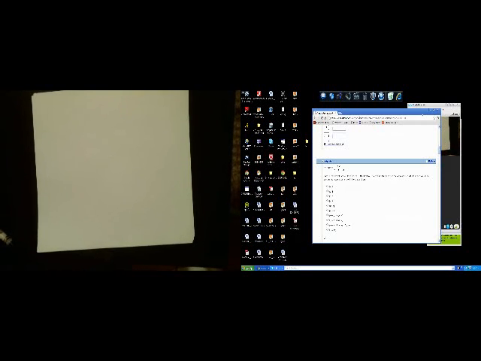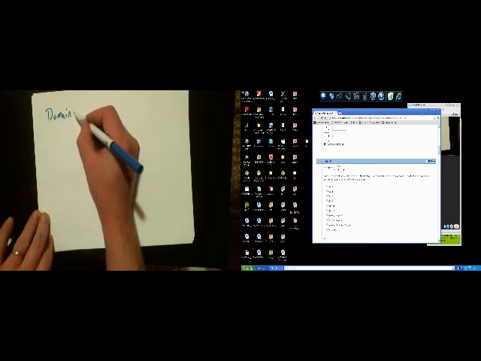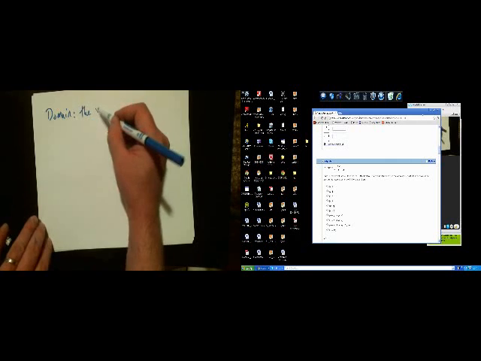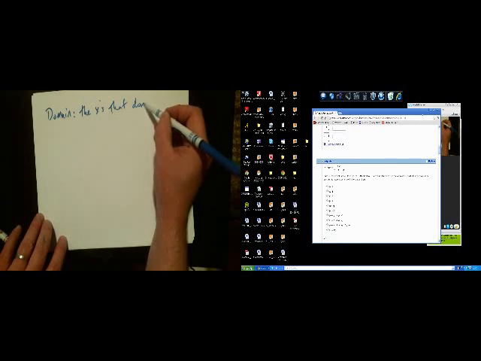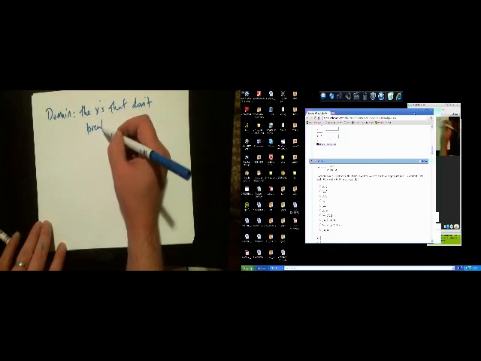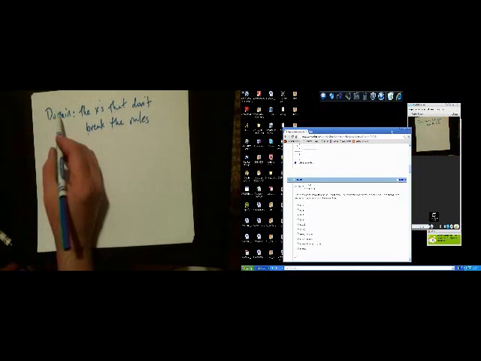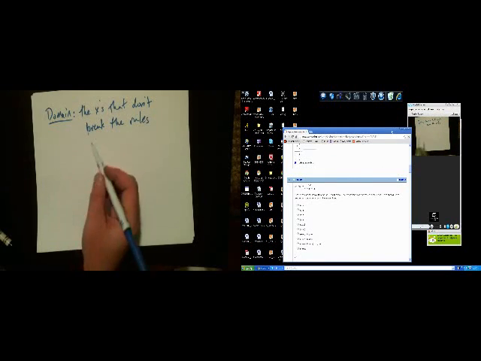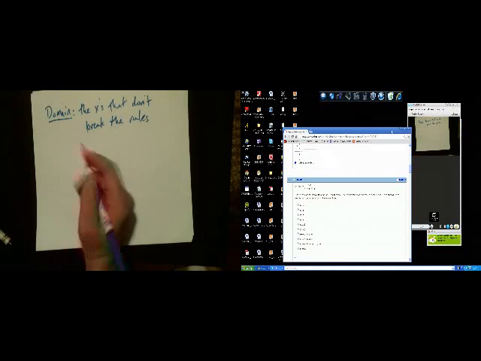In one sentence, the domain is the x's that work, and you make the rules. The bad ones are: you take a square root of a negative number, you divide by 0, or you take the log of 0 or less. So I'm going to write that down.